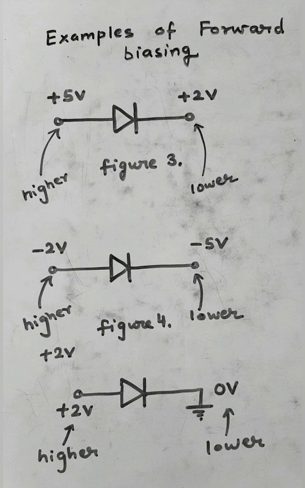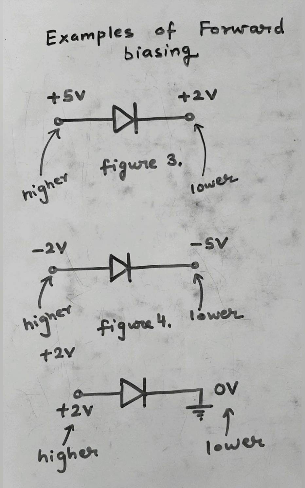And in the next example also you can see that the P side is connected to plus 2 volt, which is higher potential, and the N side is connected to ground, which represents 0 volt, and it is lower potential. So again this also represents forward bias. So these are the three examples of forward biasing configuration of a PN diode, in which the P side is always connected to a higher potential, and the N side is always connected to lower potential.